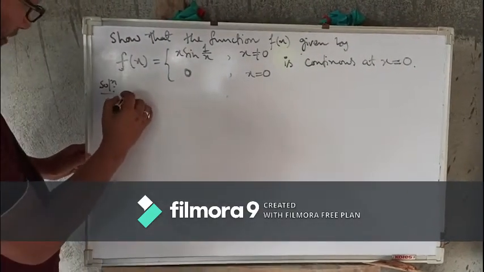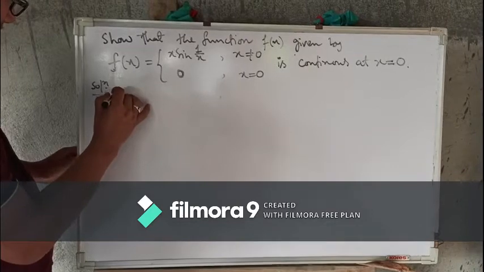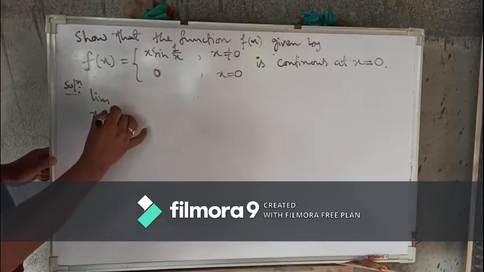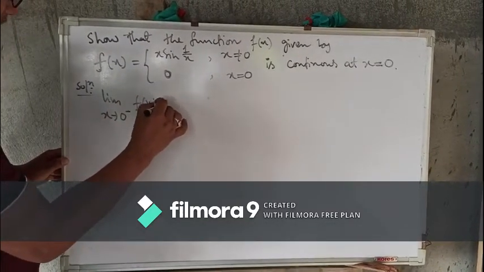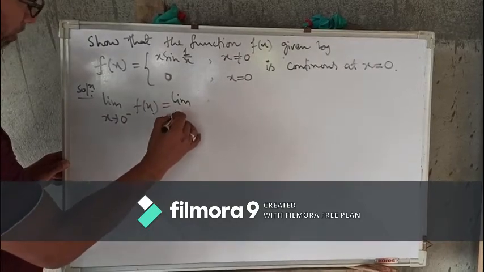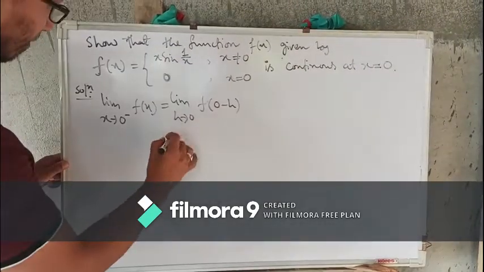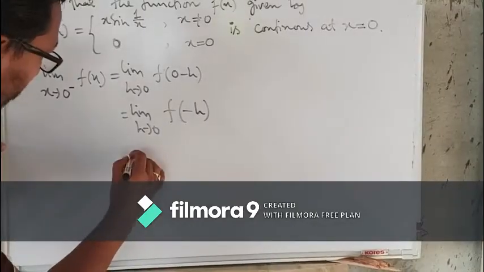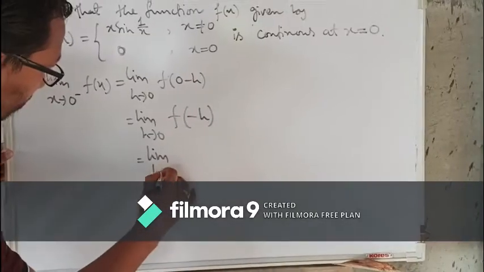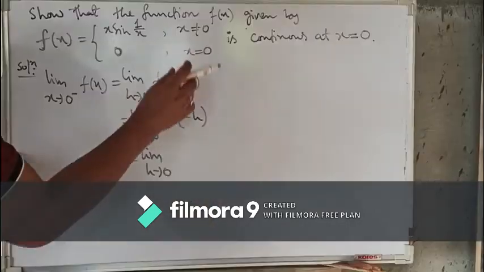So let's start. Limit x tends to 0 minus f(x) is equal to limit h tends to 0 of f(0 minus h), that means h not equal to 0.